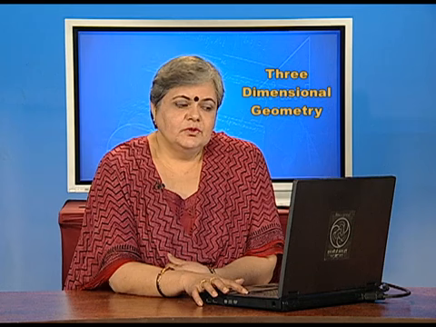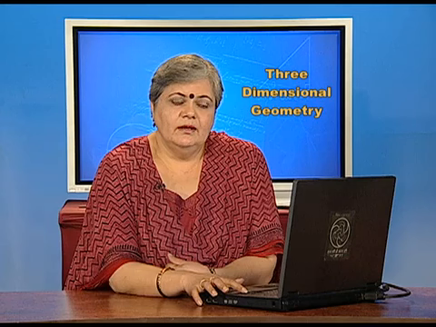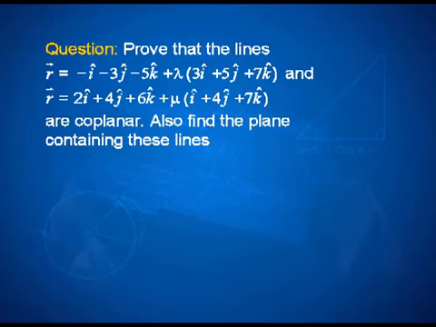It is a simple-to-use property that comes in handy. If you look at our problem here, that is exactly what it requires. We want to prove that the lines vector r equal to minus i cap minus 3j cap minus 5k cap plus lambda times 3i cap plus 5j cap plus 7k cap, and the vector r equal to 2i cap plus 4j cap plus 6k cap plus mu times i cap plus 4j cap plus 7k cap are coplanar.